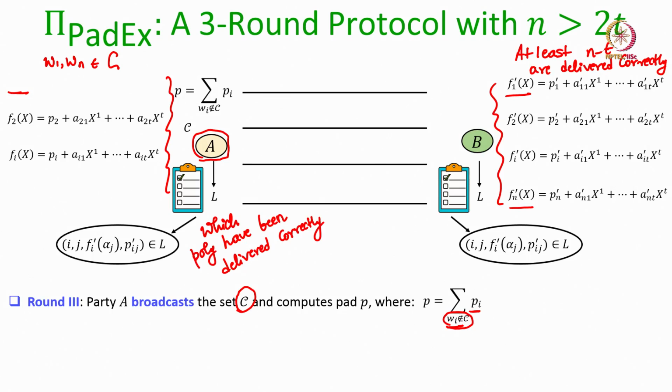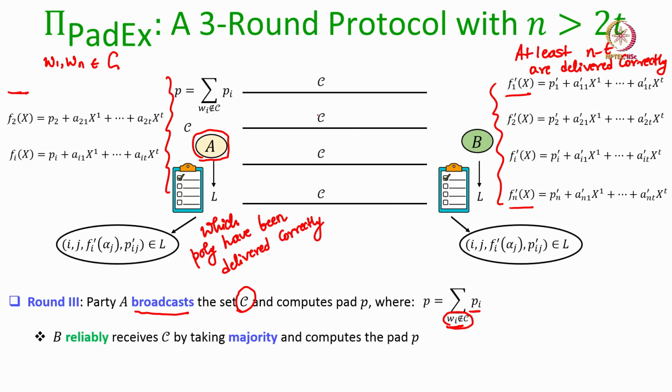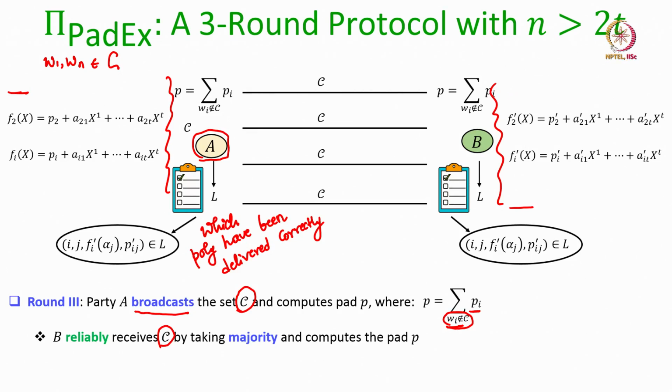Okay. So, during round 3, the identity of the corrupt wires which have changed the polynomials during round 1 is communicated, and since it is broadcasted, even if the adversary changes the contents of this set C over T wires, the majority of the wires will deliver the right set fancy C. So, B can recover the set fancy C by taking majority, and once it receives the set fancy C, it can also ignore the same polynomials which have been ignored by party A, and the remaining polynomials are now in consideration.